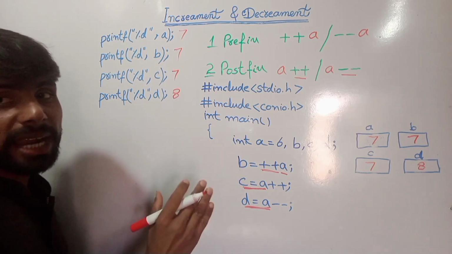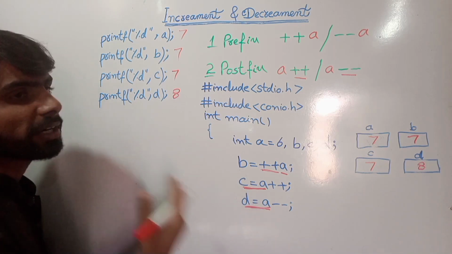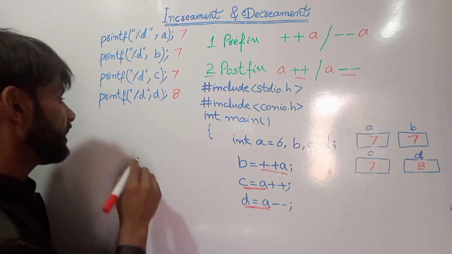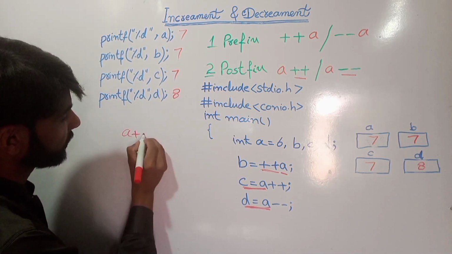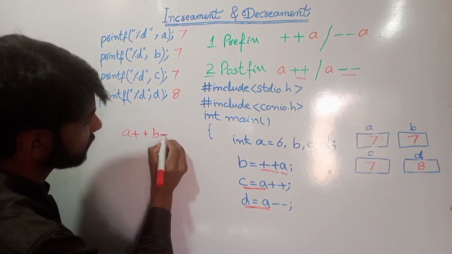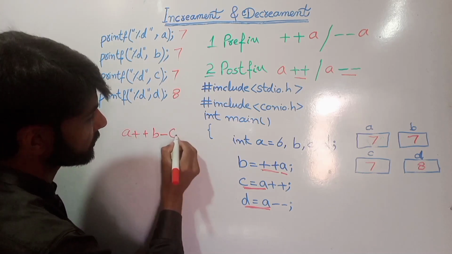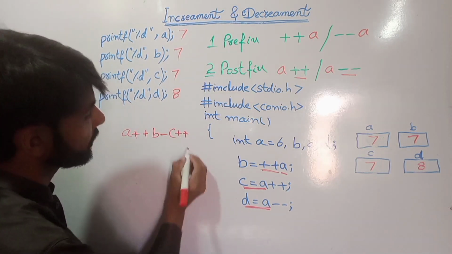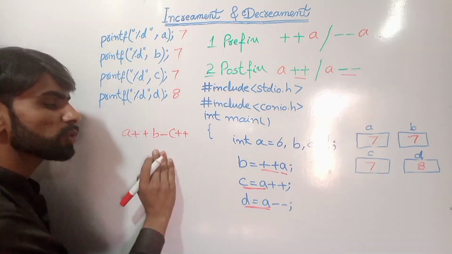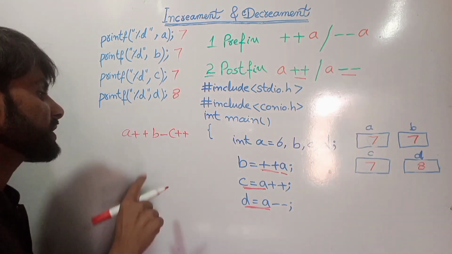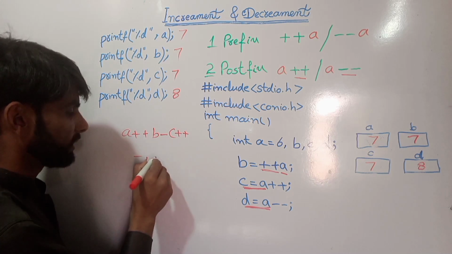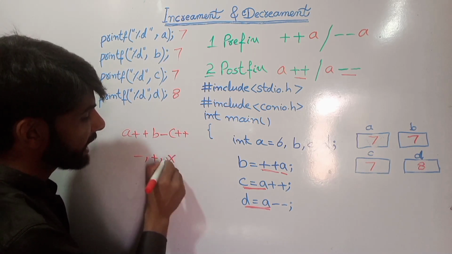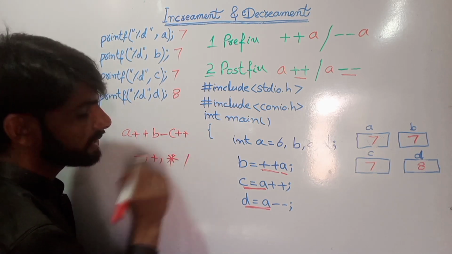So the increment operator and decrement operator are also used with arithmetic operators, right? As like that, they are also used with relational operators and arithmetic operators. Arithmetic operators are minus, plus, asterisk, and division, right?